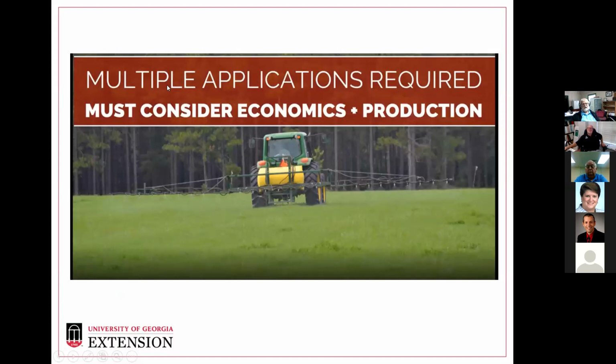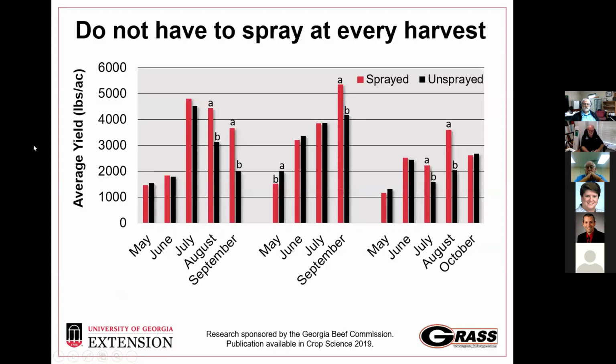So it's possible to achieve high levels of control with multiple applications, but it's important to consider the economics and the impact on production when considering application strategies. If we consider when the damage is occurring, it's nearly always late in the season.